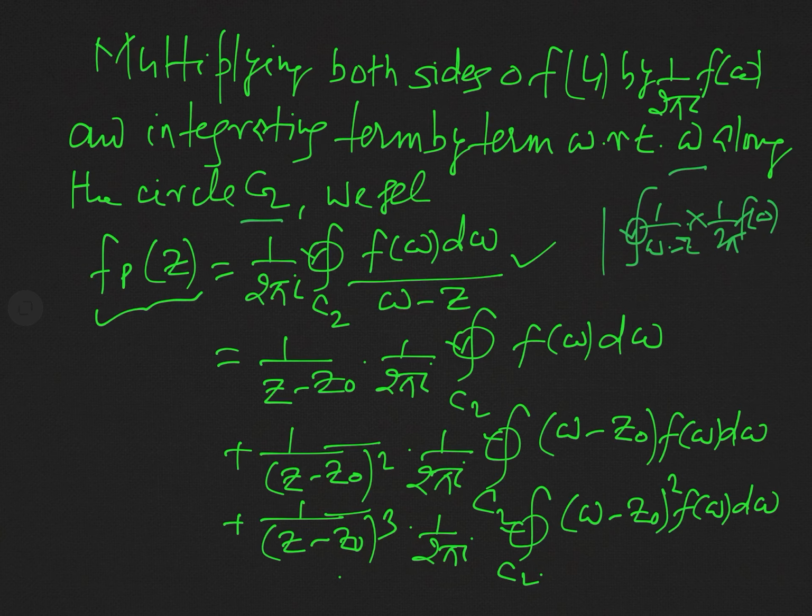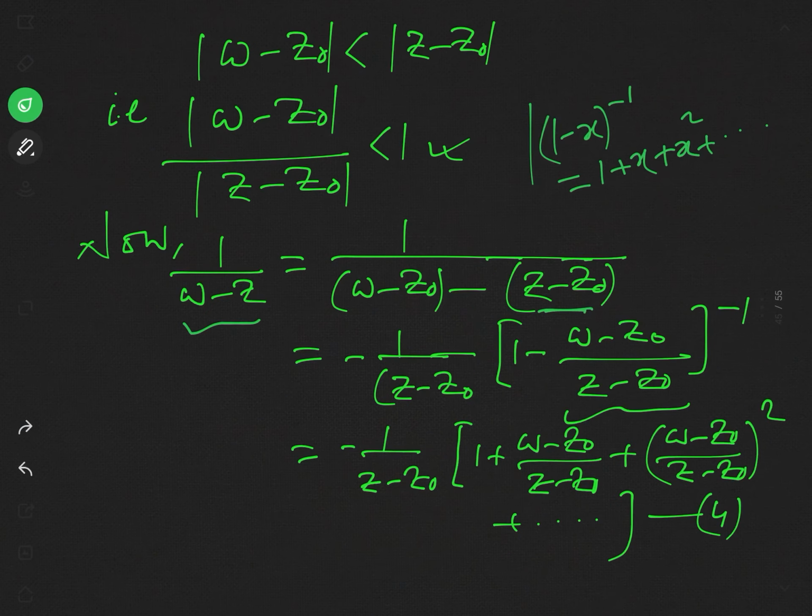And now see the terms in RHS. You can see the first term is what? The first term in RHS is in fact minus 1 over z minus z naught. Second term will be minus w minus z naught by z minus z naught whole square.